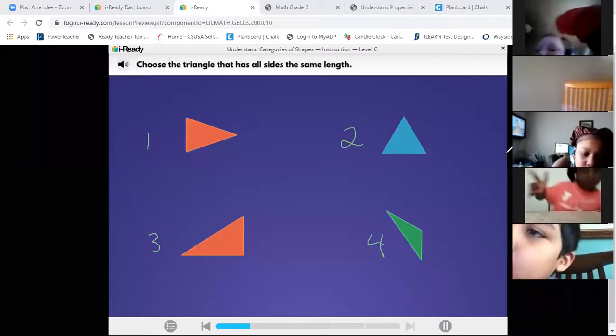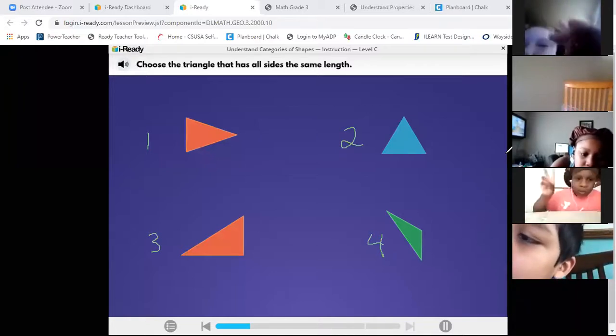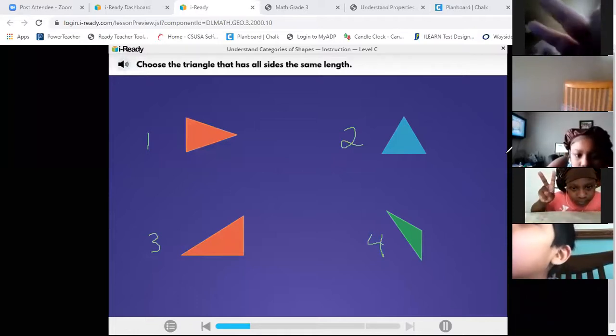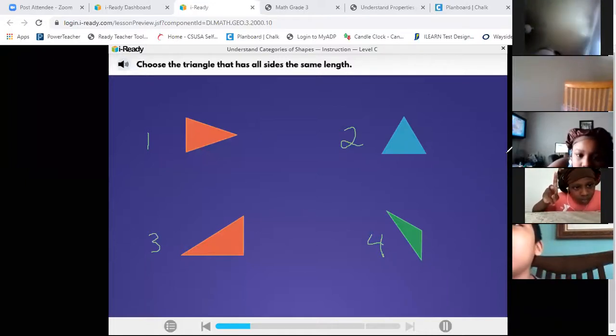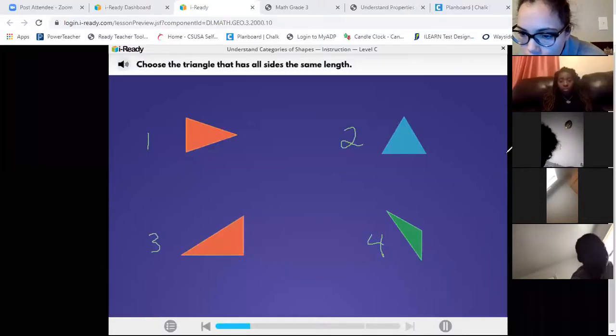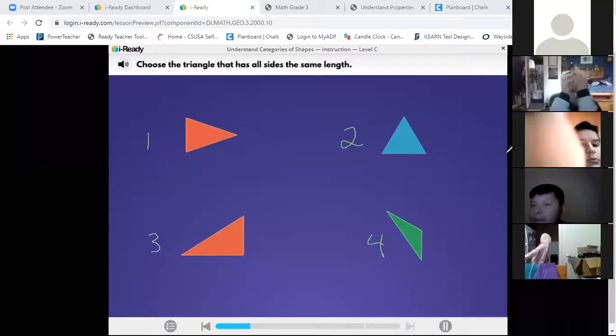Now, usually in person, this will be a little easier because you could use a ruler to measure all the sides, but also we want to use our eyeballs and practice using our eyes to see how long things are. I see about half of you giving me a number, and I see the other half just kind of waiting.